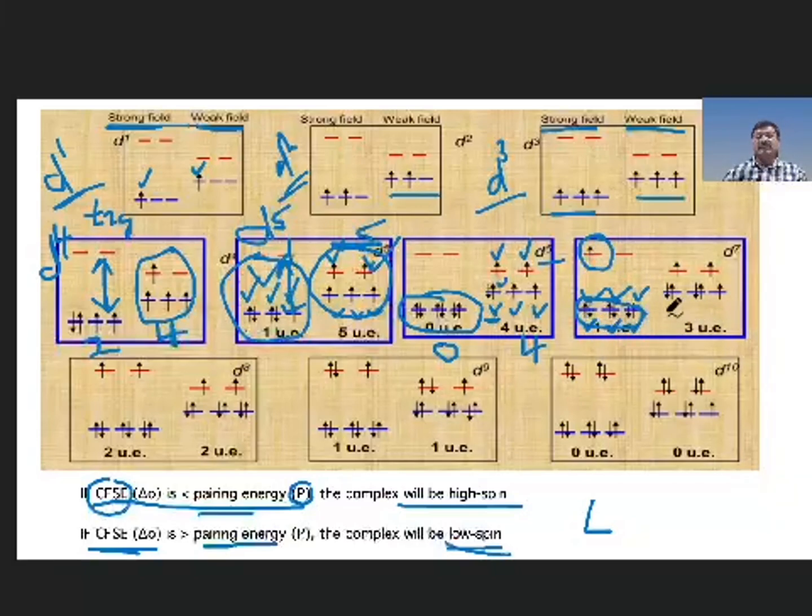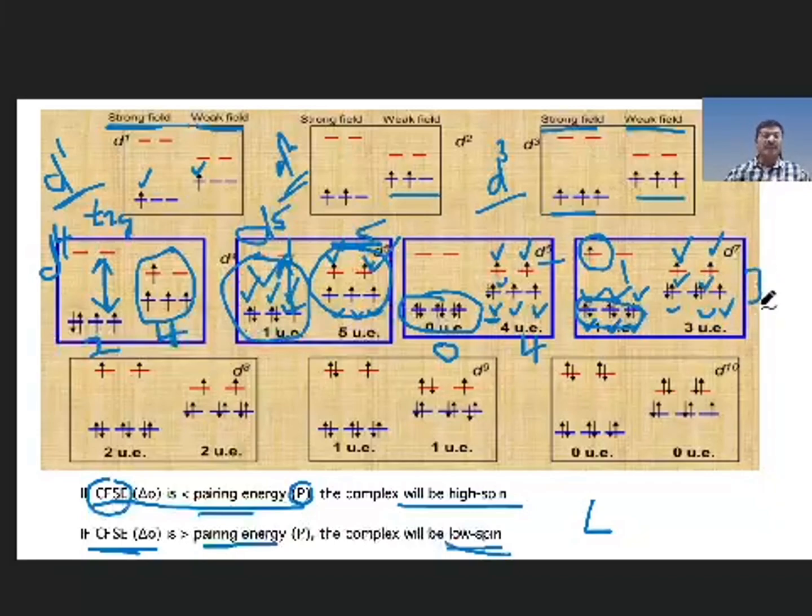And in the high spin case, the first, second, third, fourth, and fifth electrons will go to eg, and the sixth electron will go to t2g and the seventh electron will go to t2g. This is the filling of the electrons in the low spin and high spin compounds. Here it has 1 unpaired electron, and here it has a total of 3 unpaired electrons.